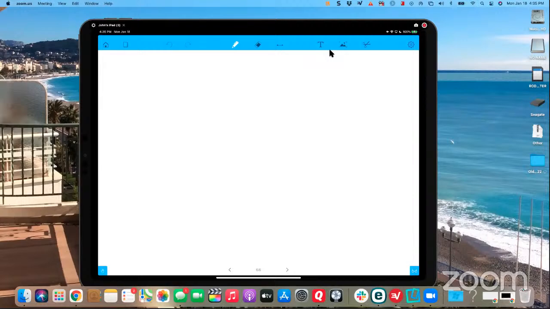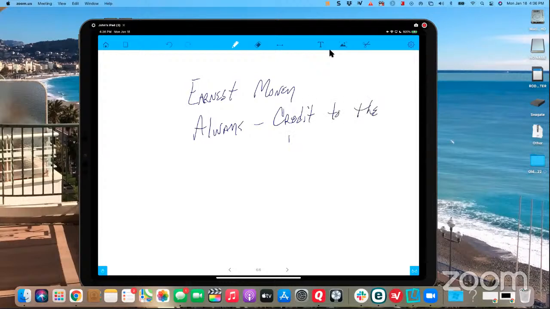So what does earnest money look like on the closing statement? Well, earnest money is always a credit to the buyer. Always.